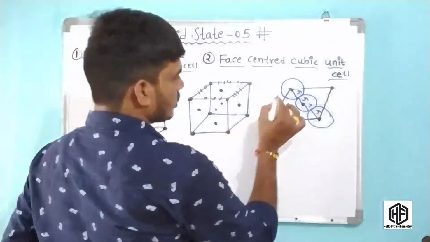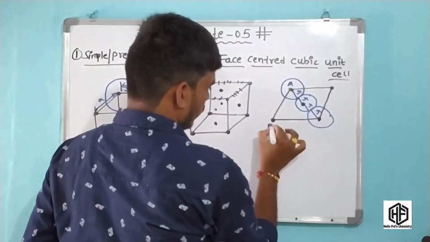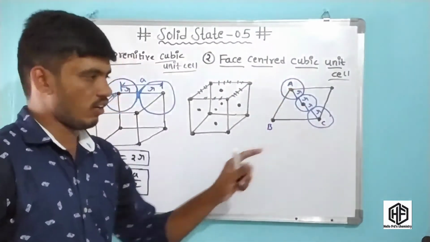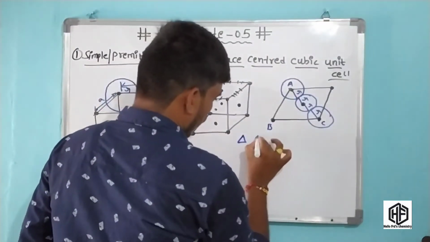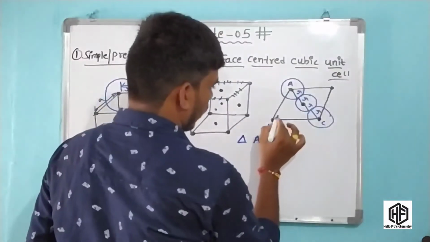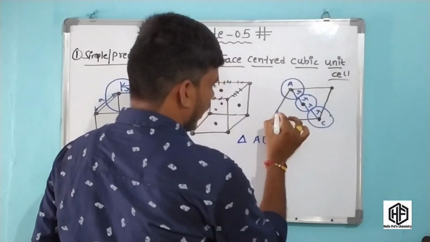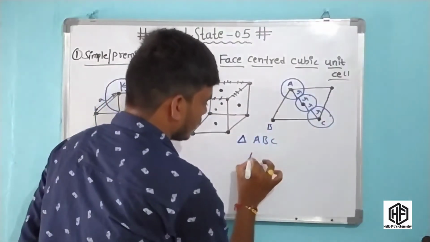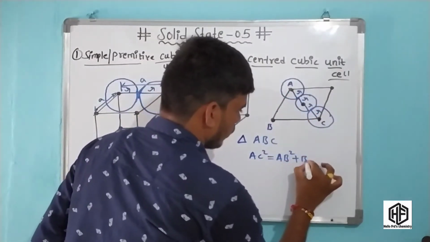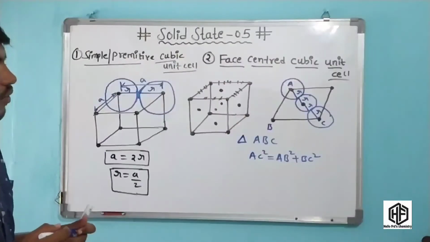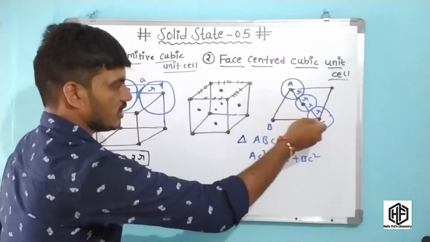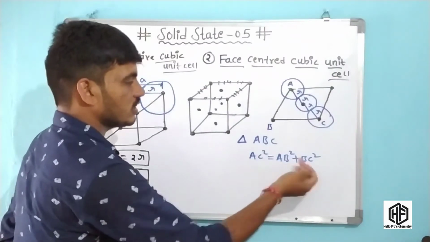Now I name this point A, this point B, and this point C. We consider the triangle ABC. According to the Pythagoras theorem, this triangle is right-angled at 90 degrees, so AC square is equal to AB square plus BC square.